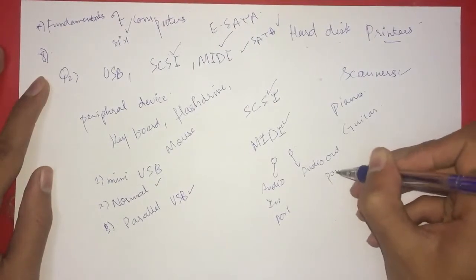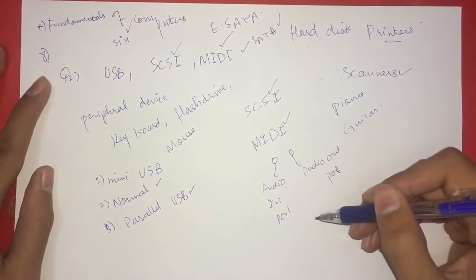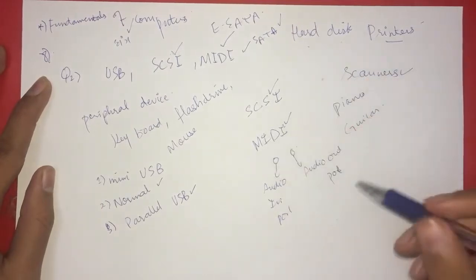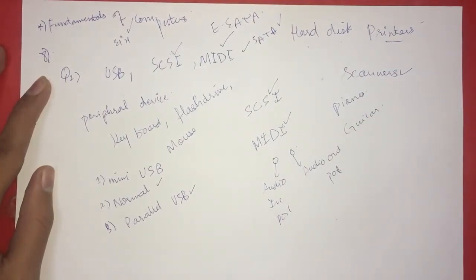One is used to transfer the audio from the device to the computer, and one is used to take in the sound from the computer itself. So these were the three ports, and we were supposed to discuss the types of each port, and then its usage. Its usage is self-explanatory, that it is used to connect different kinds of devices to the computer.